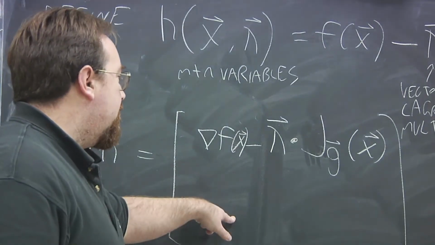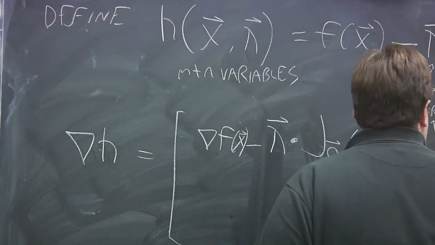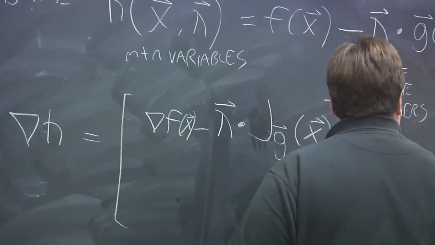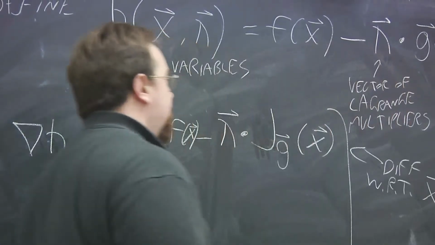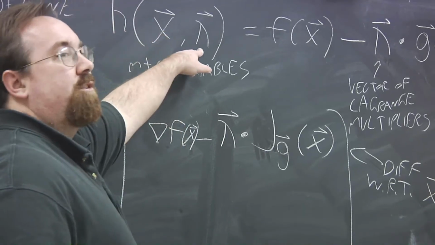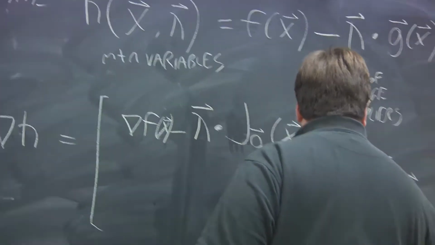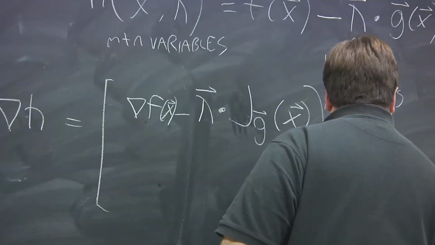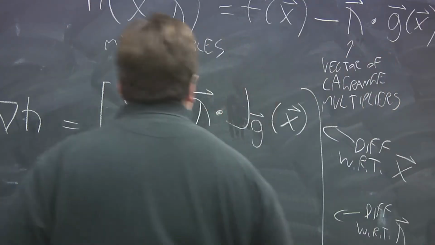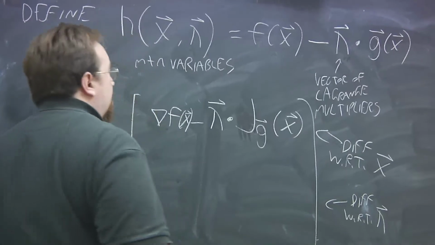The other part of the gradient is this. Because here, these are derivatives with respect to the x variables. That's what gives us this piece. But we have these variables to consider too, the lambdas. So if we differentiate with respect to lambda, then f isn't going to give us anything because it doesn't depend on lambda at all.